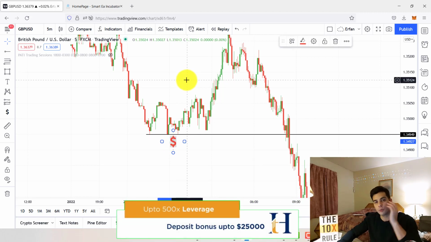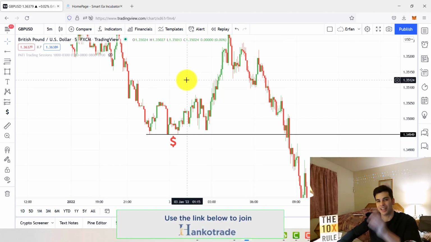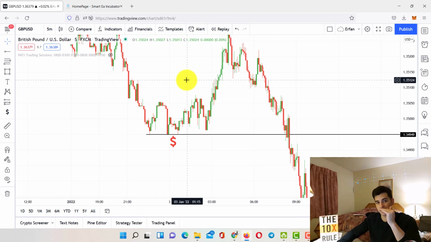So they always try to come back to your zone and stop you out. That's why getting a buy position at the support level and a sell position at the resistance level is super risky, and they all know that you're going to do that, and they easily stop you out.